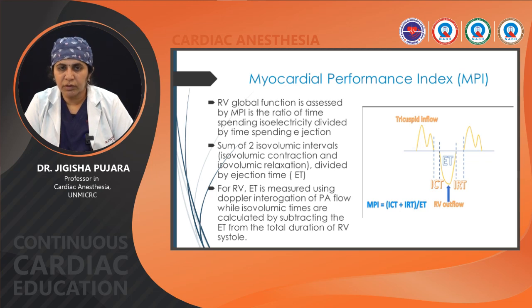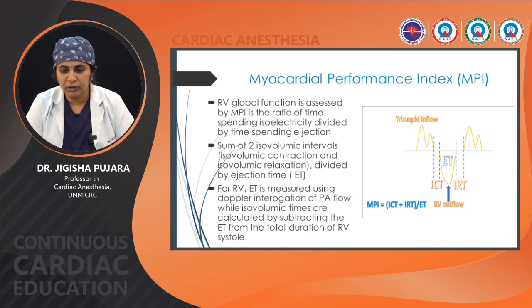Another thing we can perform is the myocardial performance index, that is MPI. RV global function is assessed by MPI, the ratio of the sum of two isovolumic intervals, isovolumic contraction plus isovolumic relaxation, divided by the ejection time, that is ET.